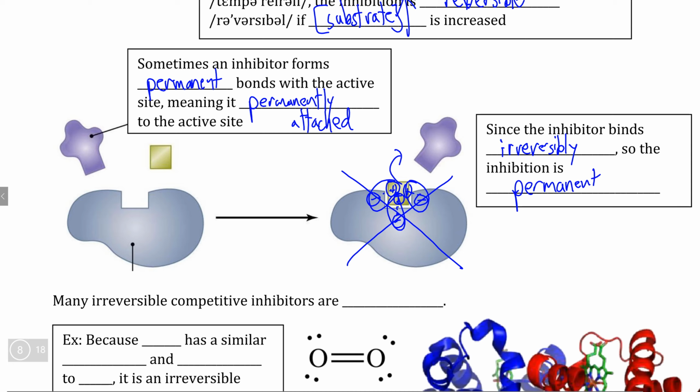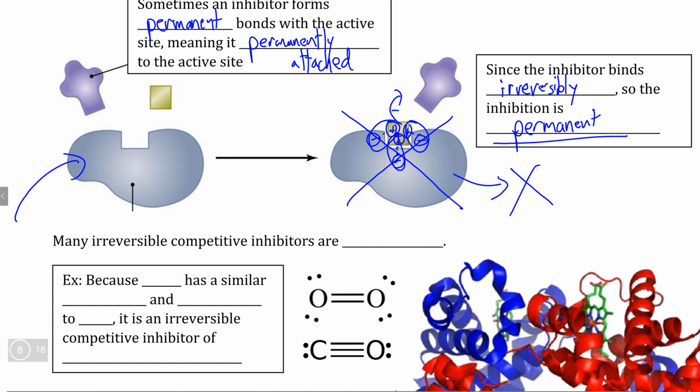For example, if there's a covalent bond that was formed by dehydration synthesis, you could do a hydrolysis reaction, but unfortunately, your cells are not really that efficient, and normally the only way to make this protein usable again is to break down the protein and remake additional enzymes that aren't blocked by this competitive and permanent, irreversible inhibitor.